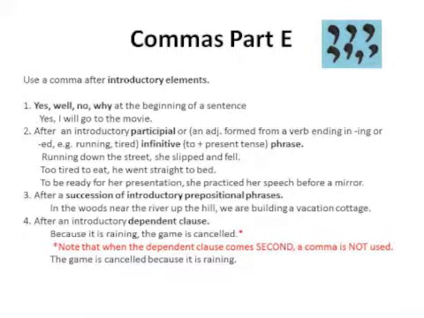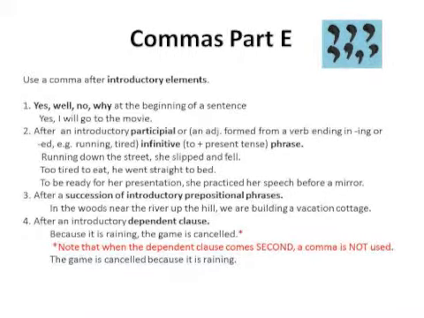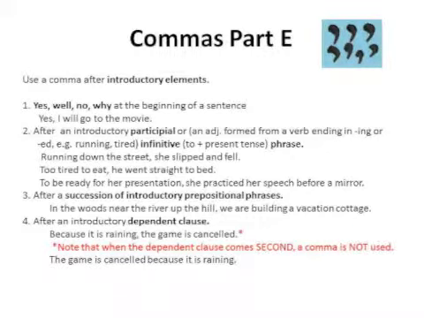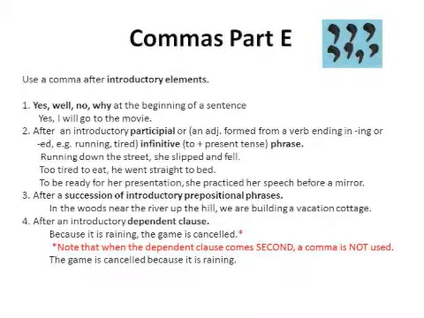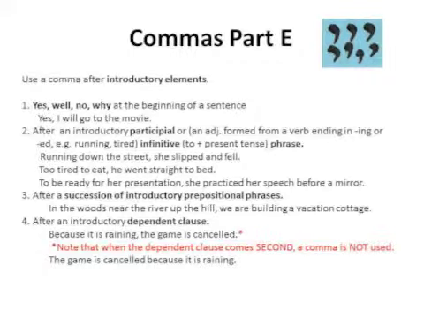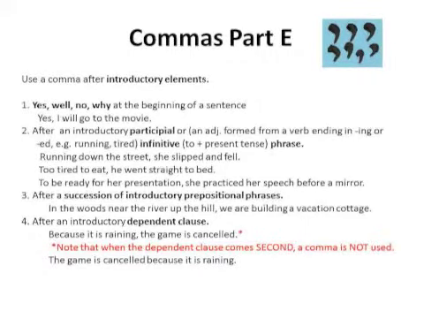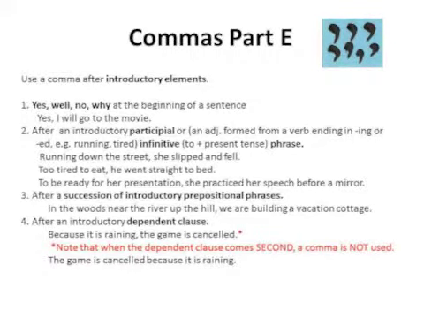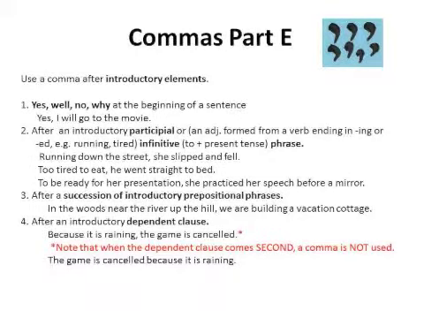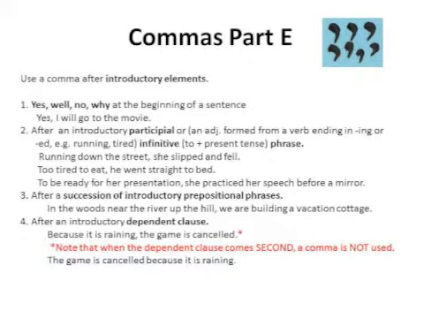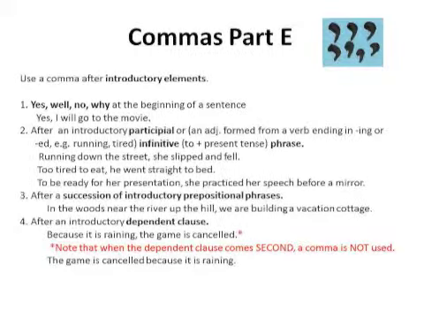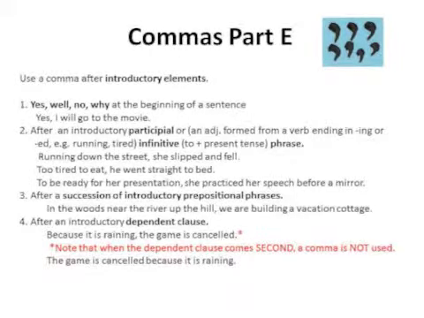Number 2, a participial phrase or an infinitive phrase are generally used as adjectives. In the first example, running down the street, comma, she slipped and fell. Please be aware that whatever comes after the comma is running down the street.